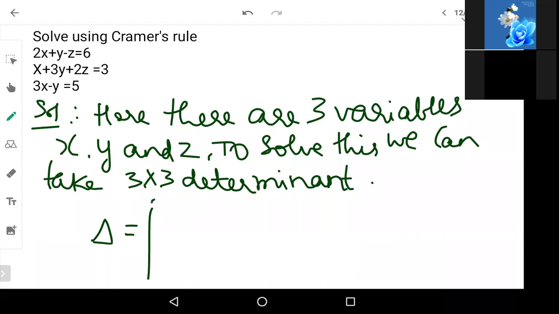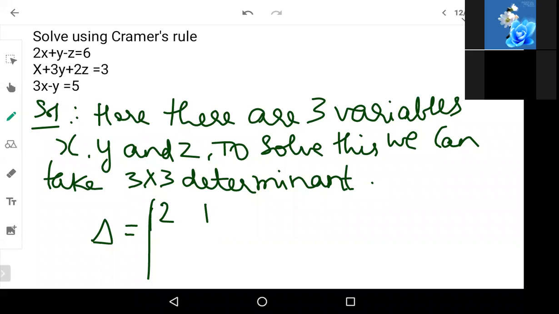Now for delta, it is a 3 into 3 matrix. So what is the first row? Whatever is the coefficient that is there in the first equation, that will be in the first row. So you will have 2x, so 2, then plus 1y. If there is no number, it is 1. And it is plus, so it is 1.